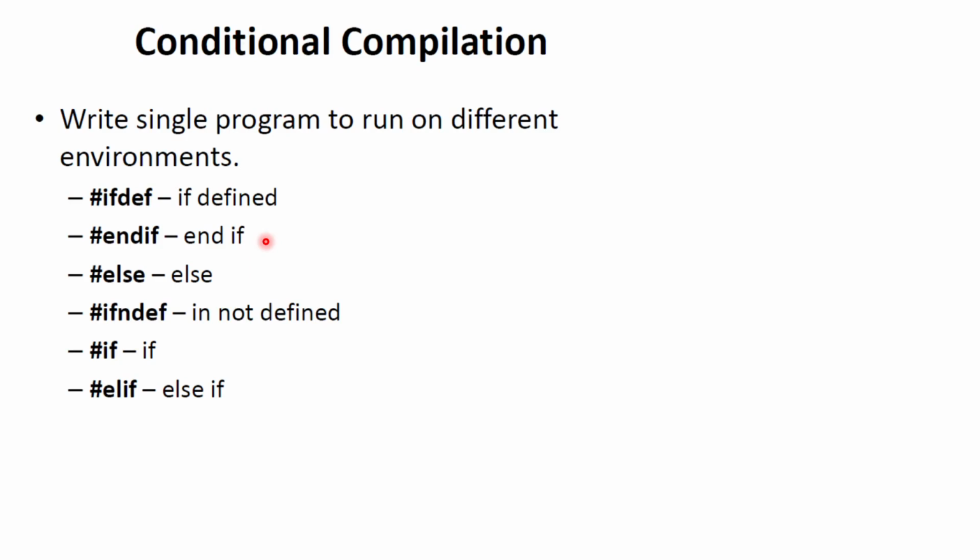Let's go to the third category of the preprocessor directive, which is what we call conditional compilation. Let's first realize what it means and why it is required. During learning time, you are writing very small and simple programs.